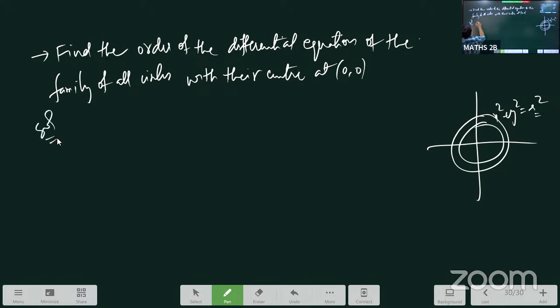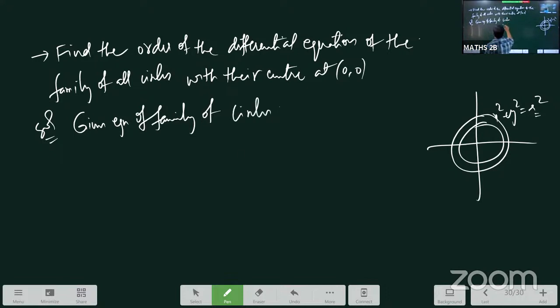Is it clear? So given equation of family of circles, that is x square plus y square equal to r square, where r is your parameter, that is your arbitrary constant.